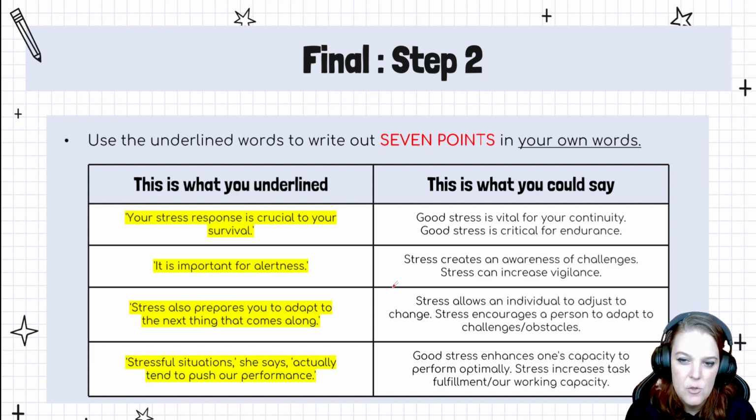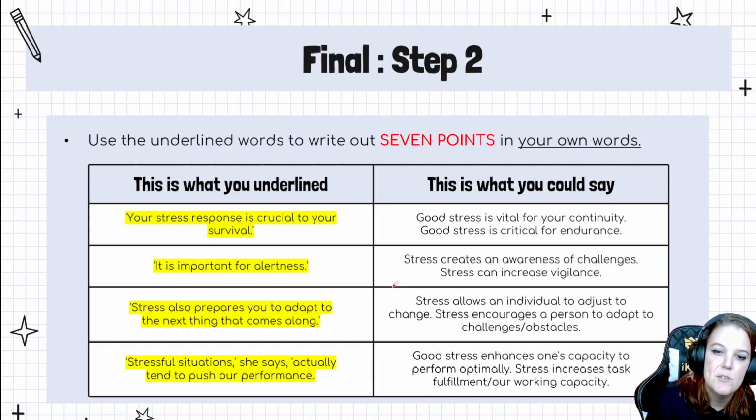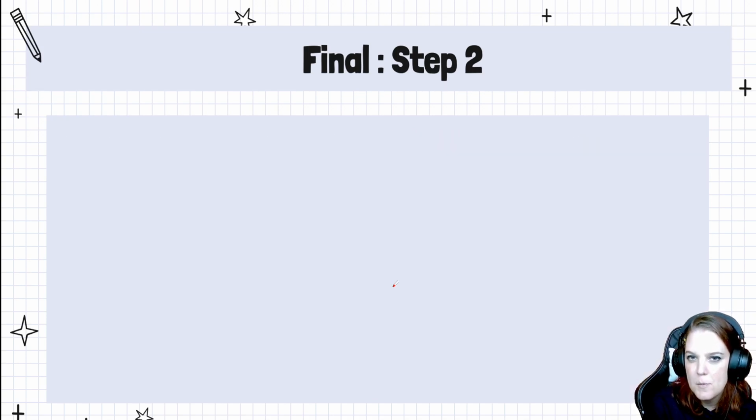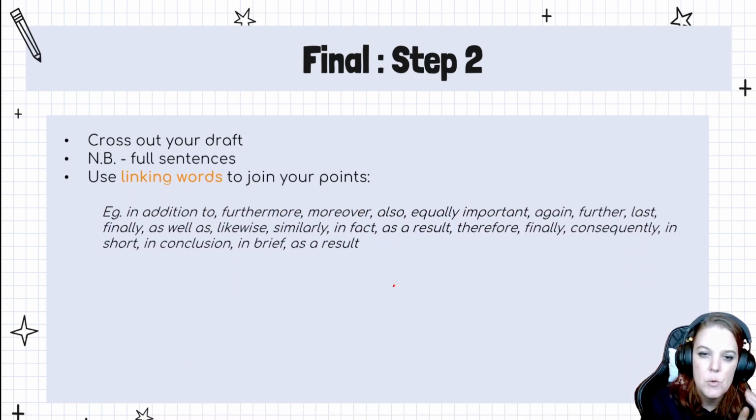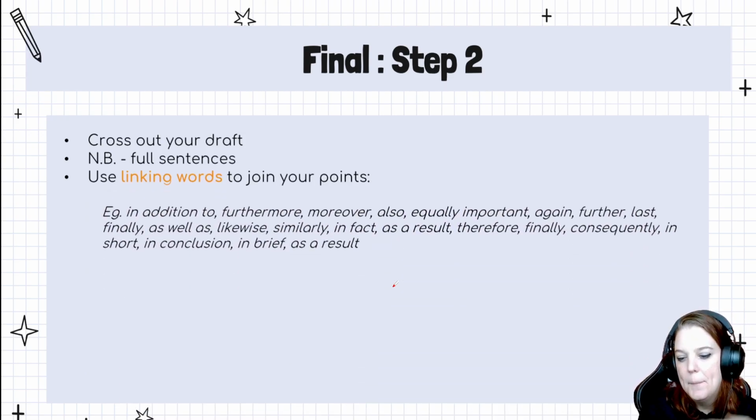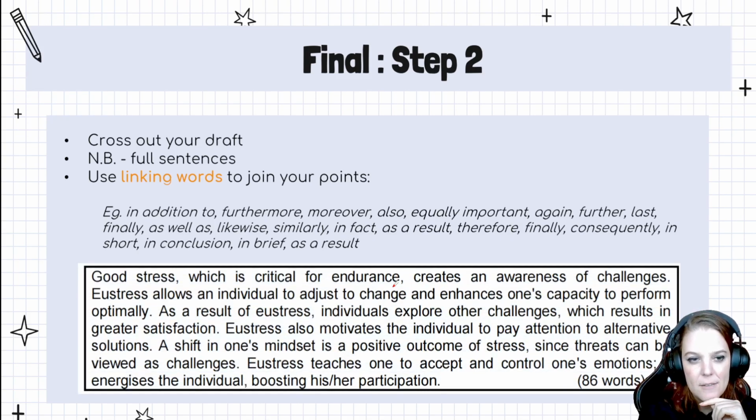Stress allows an individual to adjust to change. And finally, good stress enhances one's capacity to perform optimally, right? So we're just making those sentences not so, I don't know how else to explain it, but robotic.